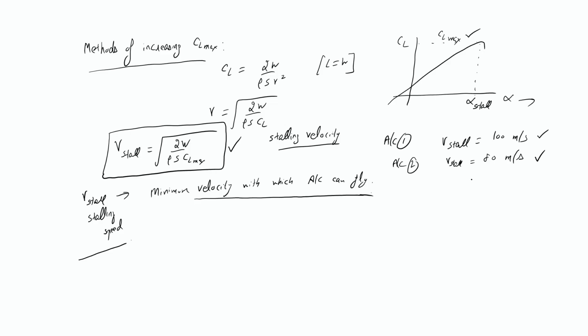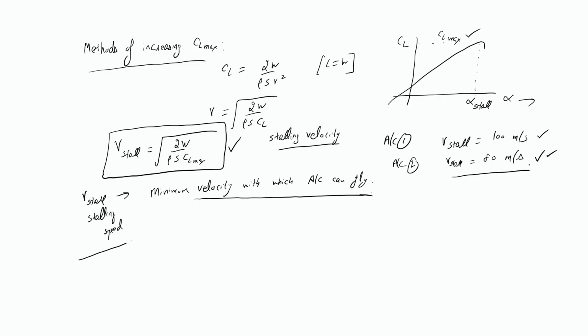Now, which is most preferable, the stall velocity of 80 meters per second or 100 meters per second? The answer is obviously 80 meters per second. Why? During takeoff, the aircraft needs to have a certain velocity so that a certain pressure difference is created between the lower and the upper surface of the airfoil.